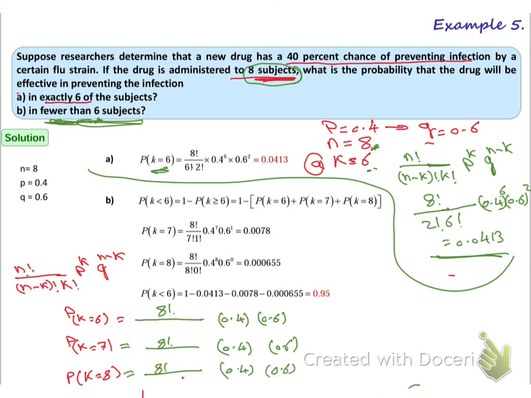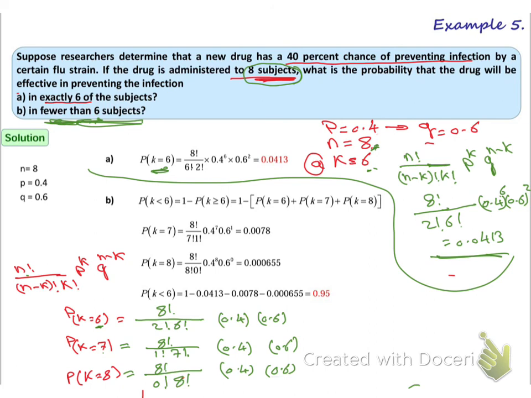Then 8 factorial divided by n minus k factorial. In this case k is 6, so 8 minus 6 equals 2 factorial, and k factorial is 6 factorial. Then 8 minus 7 equals 1 factorial, and 7 factorial. Then n minus k will be 0 factorial, and k factorial is 8 factorial.